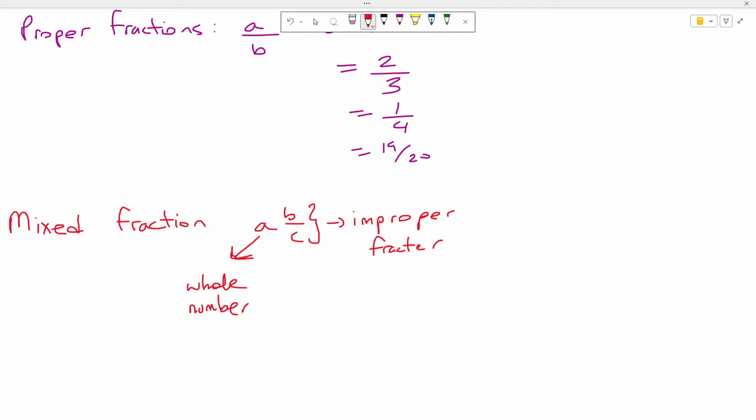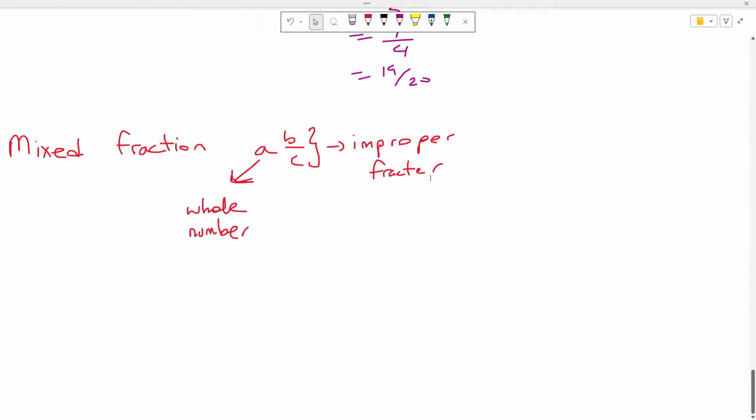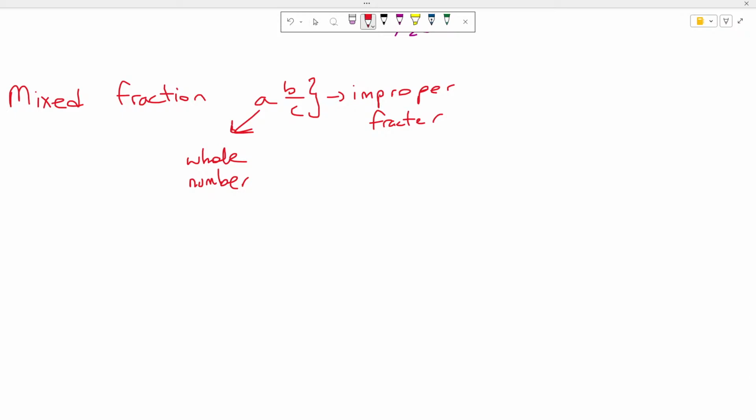Now let's talk about how we can convert a mixed fraction to an improper fraction. Question one: let's say we have 2 3/4. How do we change this to an improper fraction?